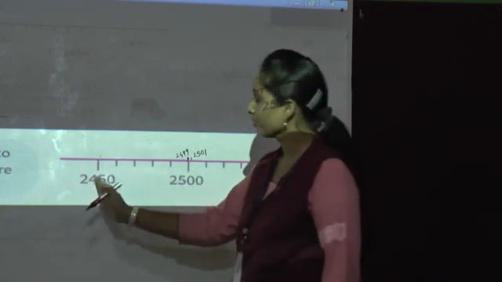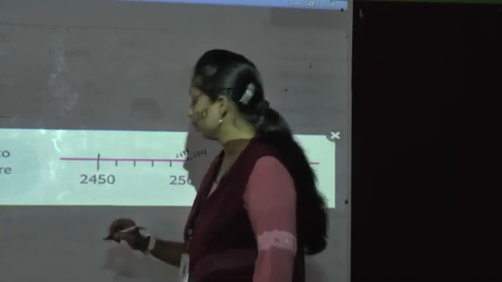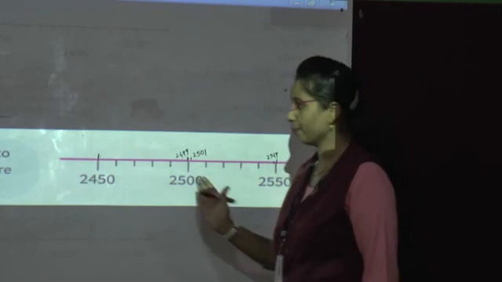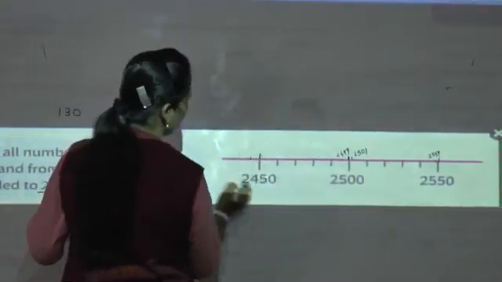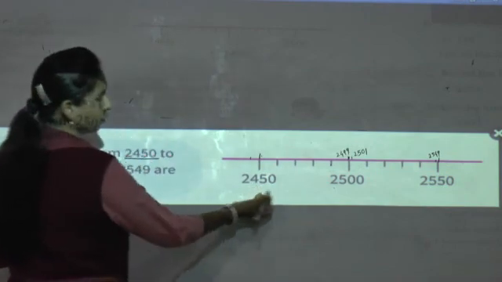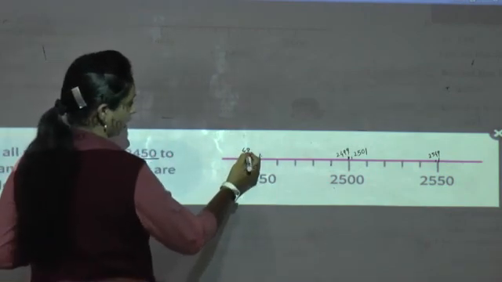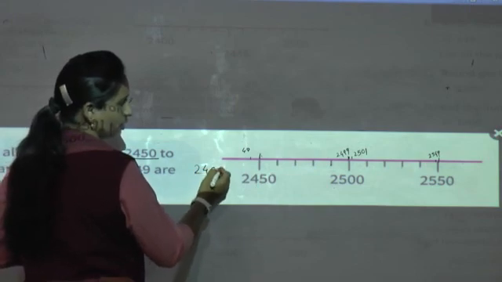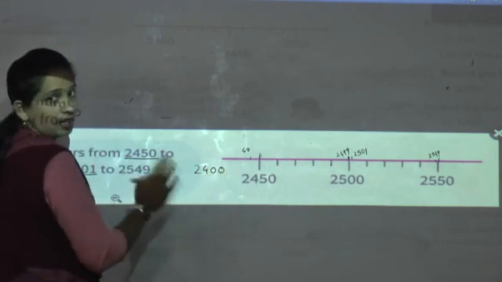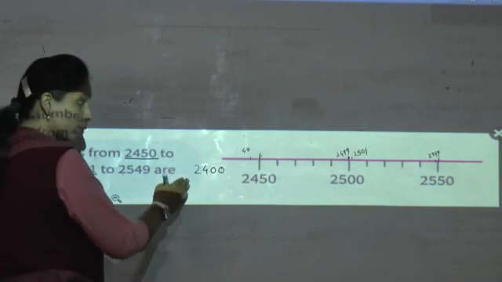Here, if I go to 2449, these all numbers lie to 2400, rounded to 2400.